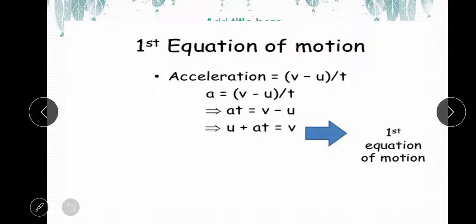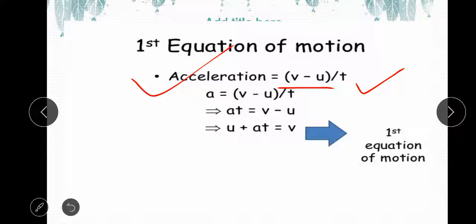Now, the first equation of motion. To derive this, first of all, calculate acceleration. Acceleration is equal to change in velocity, that is v minus u, upon change in time, that is t, if we are considering from 0 seconds or without any loss of time.